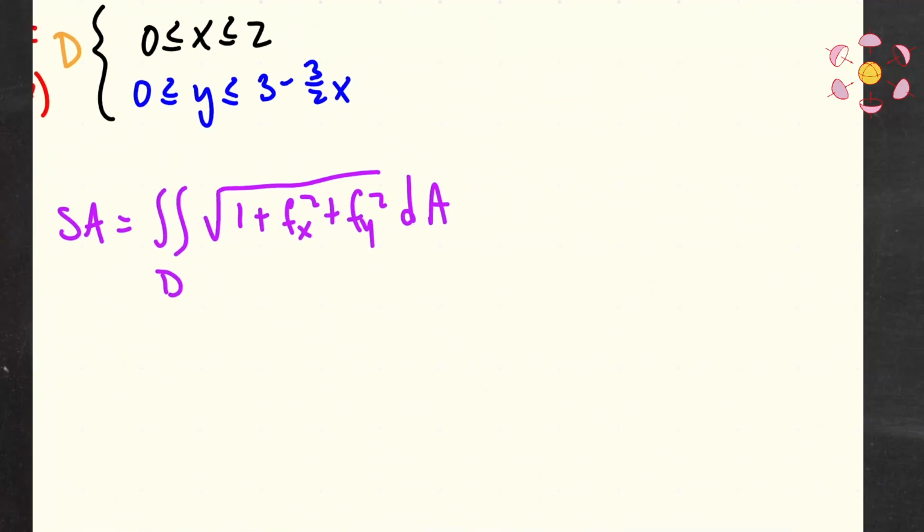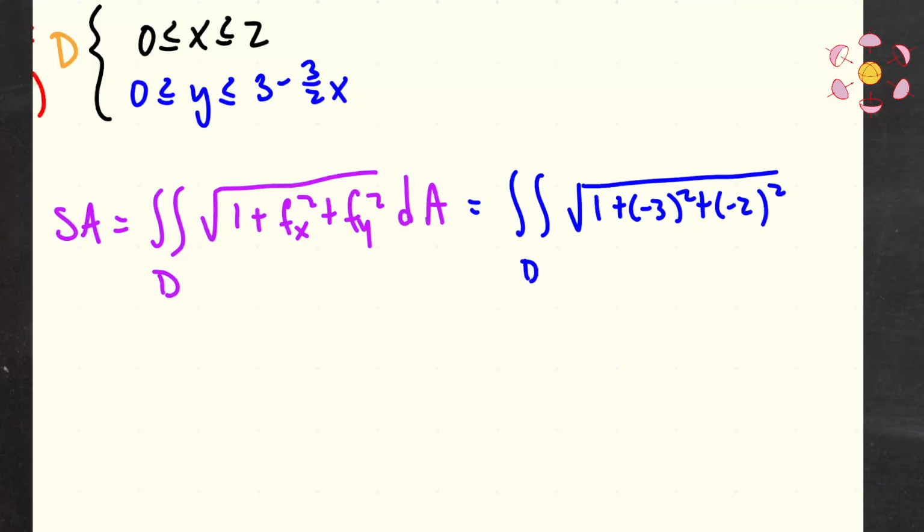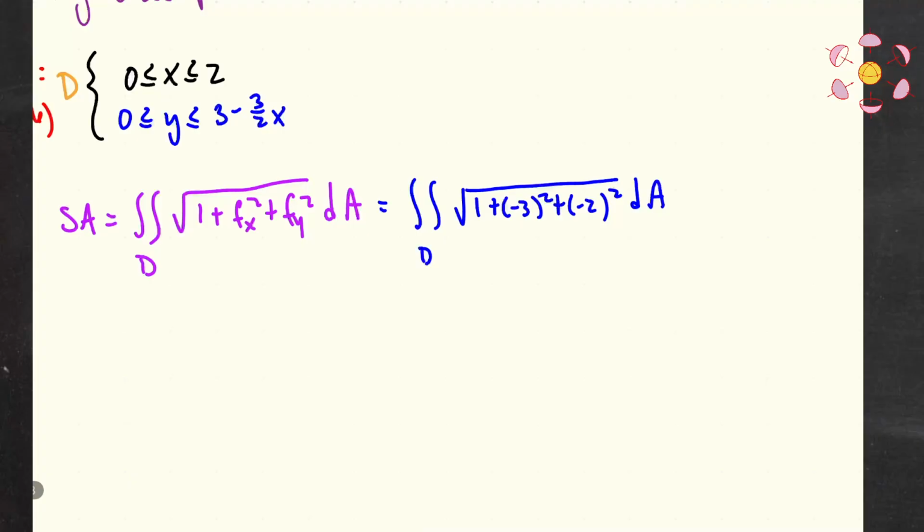So let's do our calculation here. We've got our domain D. Our formula is the square root of 1 plus -3 squared plus -2 squared dA. And this is really nice. That's an entire constant, so we have so many options on how to evaluate this.